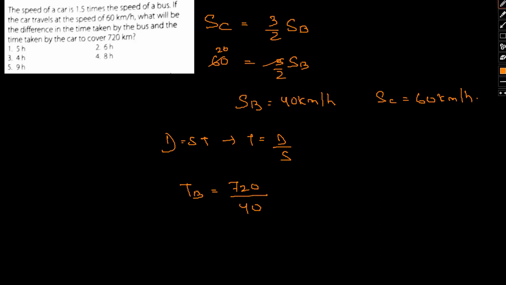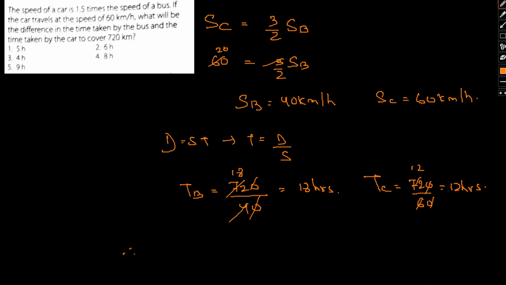Okay, so what is the difference in time? If we do the same, 18. So time taken by the bus would be 18 hours. Okay, and time taken by the car would be 720 by 60, equal to 12 hours.